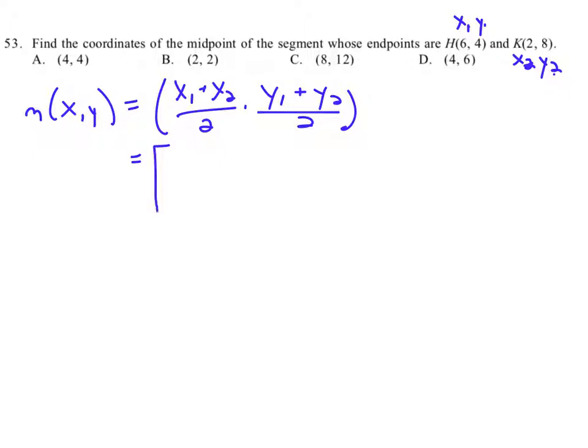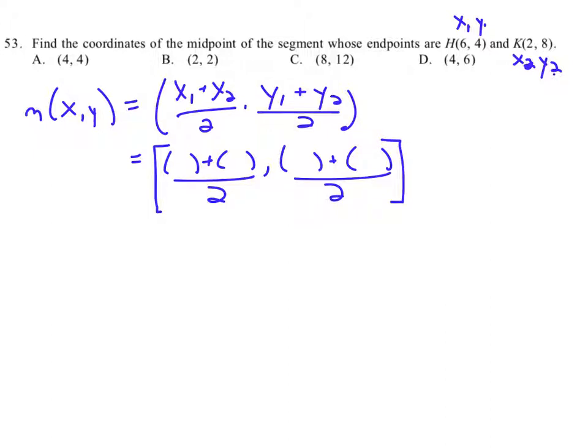So we substitute values in for x1 and x2, divide by 2, comma, y1 plus y2 divided by 2. If we look up top, x1 is 6, x2 is 2, y1 is 4, and y2 is 8.